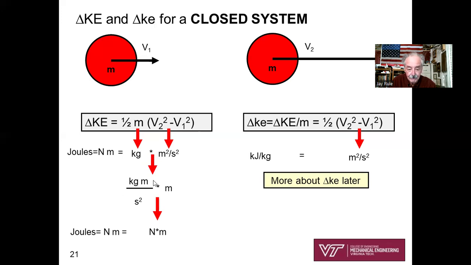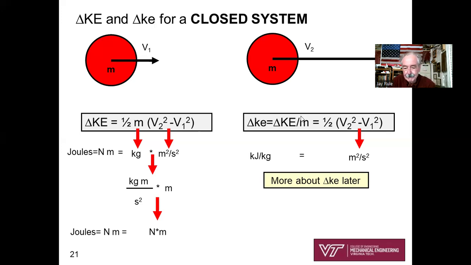That's a Newton. So our units on the right-hand side are Newton meters. So we can show that delta capital Ke for this closed system situation has got units of Newton meters or joules.